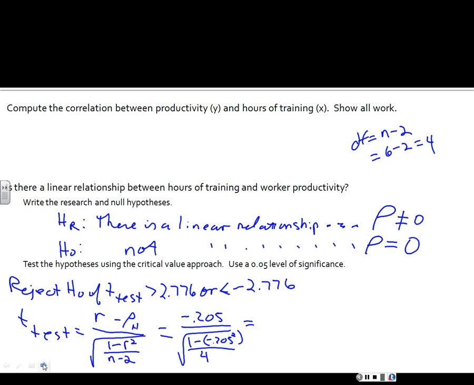Say 1 minus. And since it's squared, it doesn't make any difference if it's minus 0.205 or 0.205 squared. Then close that parenthesis, divide by 4, and close that parenthesis. And you should get about minus 0.42. And that is what the calculator got. I got minus 0.41889.